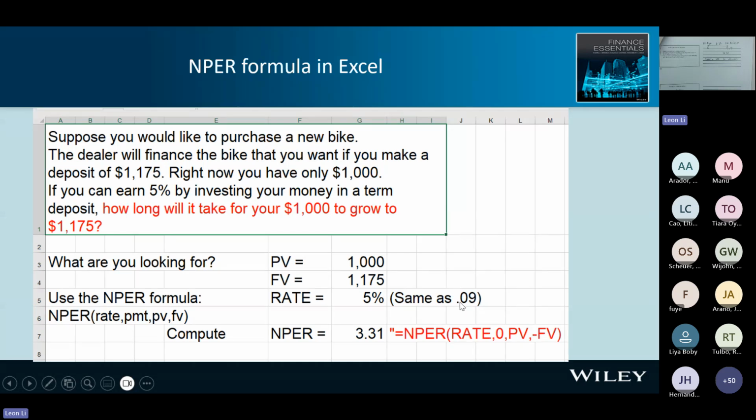It should be set as 0.05, the 5%. Then we compute the number of periods using the NPER formula in Excel. Again, I'd like to highlight the sign convention. PV and FV, they have the opposite sign. So here I put the negative sign on the FV.